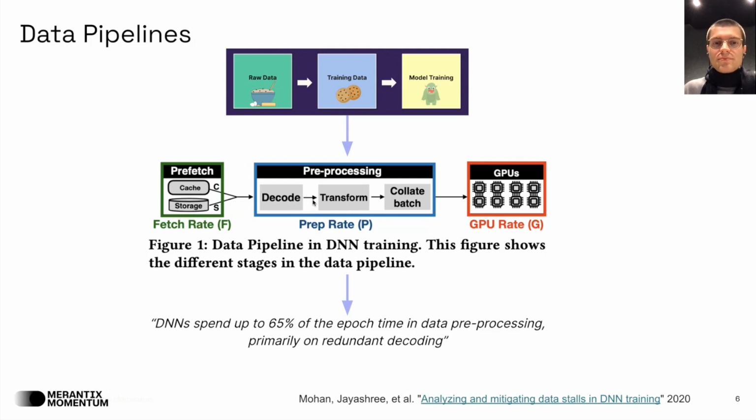There's the prep rate, which is the number of samples per second you can pre-process. So probably you want to transform your data from, let's say, a NumPy array to a torch tensor, which is then maybe randomly cropped or randomly rotated in a data augmentation, and then collated into a batch so that your cookie is ready for ingestion.